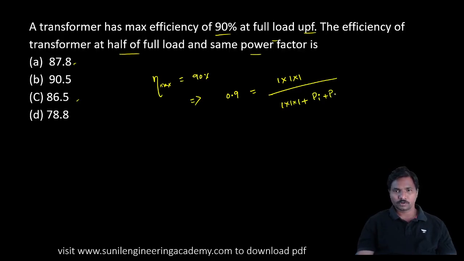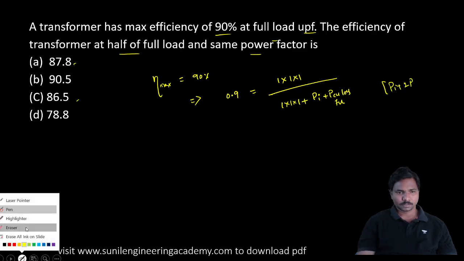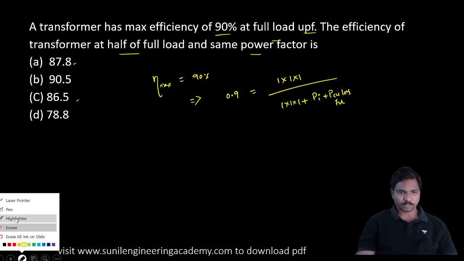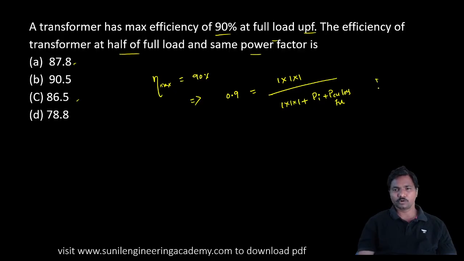But at maximum efficiency, both are equal: iron losses Pi and copper losses P copper are the same. That means copper loss will be equal to iron losses. Then in place of copper loss, if you place iron losses, you will get 2 Pi.